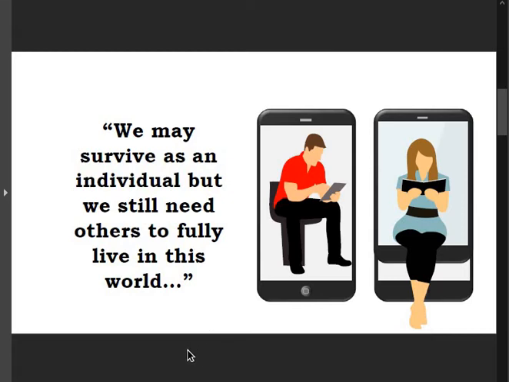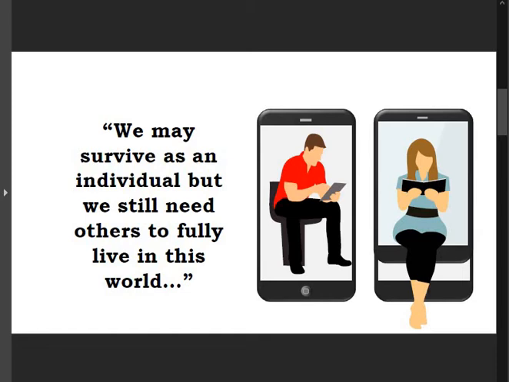And that others is not simply an object or an animal, but a subject that we can relate to, because that human being, you, I, and that human being share something in common, and that is of course the objective reality.